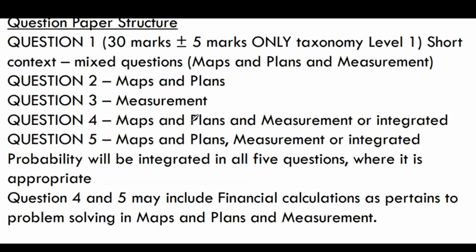Now, the structure of the question paper. Question number 1 will have 30 plus or minus 5 marks only. Taxonomy level 1. This simply means these are the simple questions. Please do not leave question 1 unanswered. It will have a mixture of maps and plans, and measurements.